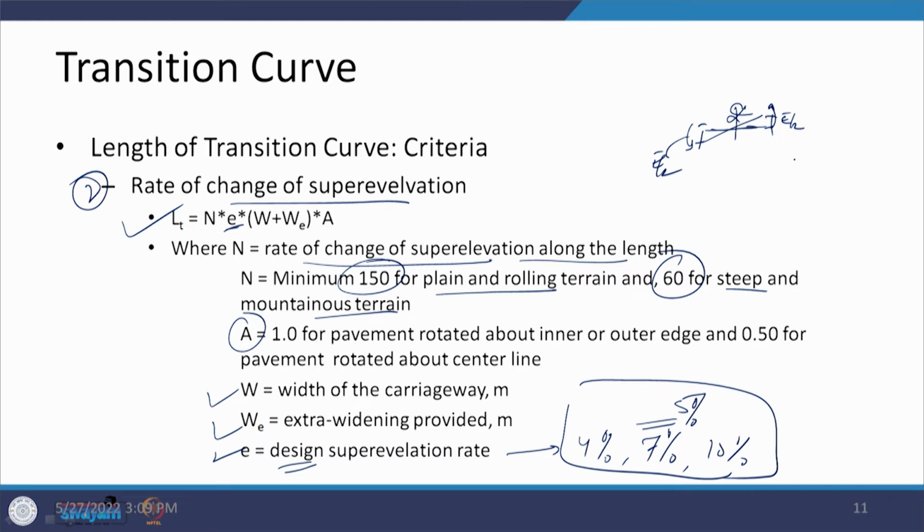But if we are looking at a situation where this is inner side and the whole of the movement is being done of the outer side, then this is nothing but E. Similarly, if you have an outer edge and if you go inside with respect to inner edge, then in this case also this value is going to be E. So, considering these things, the A is 1 for the pavement rotated above the inner or outer edge, because the whole value of E is to be provided, or it is 0.5 when it is rotated above the center line. So, that is how we are going to find out the value of the length using this formula.